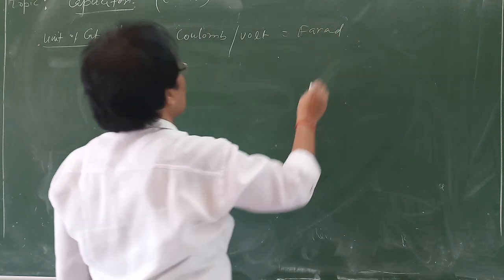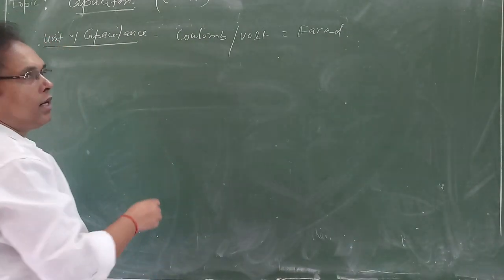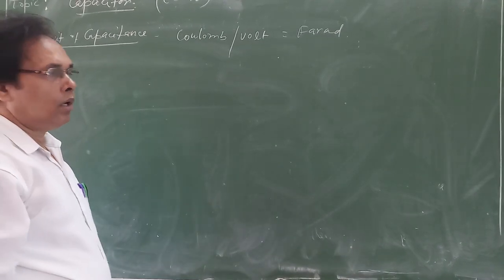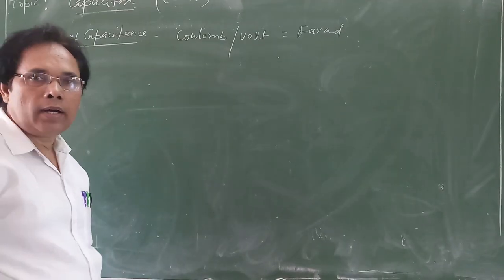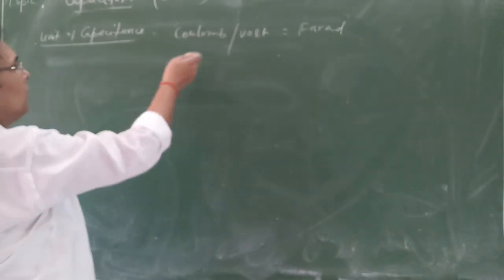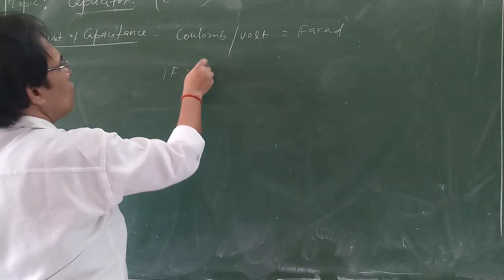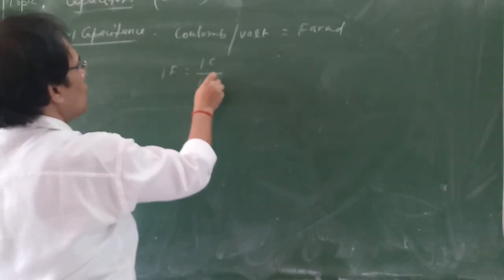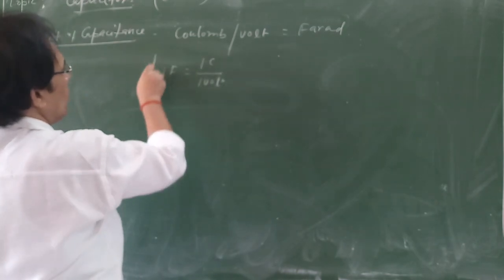Farad is named in honor of the scientist Michael Faraday. So 1 farad equals 1 coulomb by 1 volt.